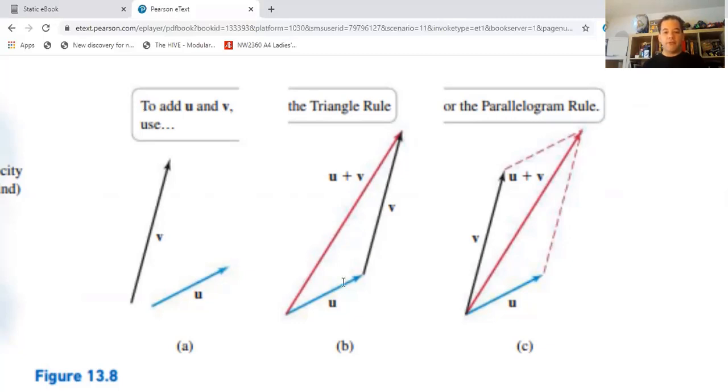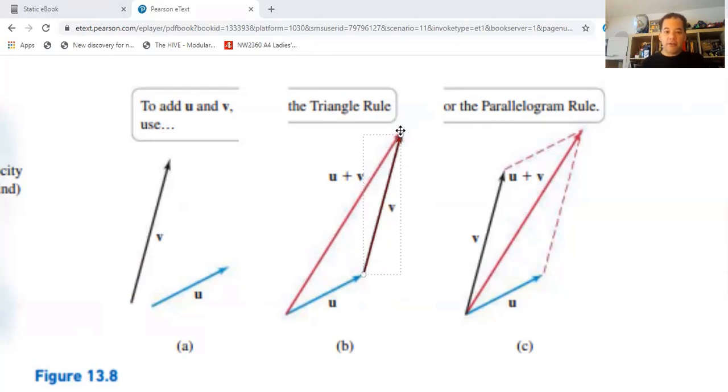You place one of your vectors, u in this case, and then you take a copy of v, right? Maybe I can do it here. So let's say that I draw on top of v, right? And then I simply move that and put it where the tail of this vector v is now at the head of the vector u, right here.